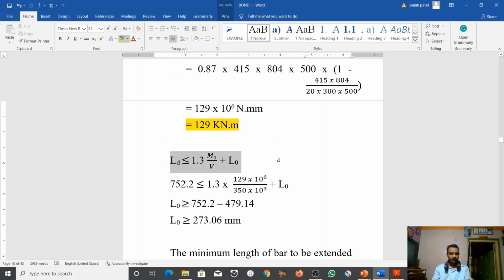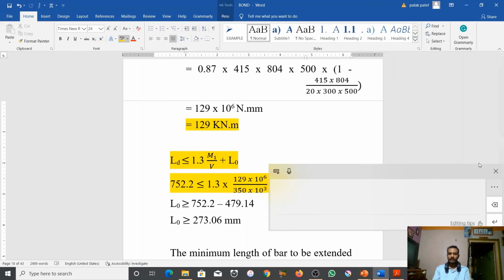So we check LD less than or equal to 1.3 M1 upon V plus L0. LD is 752.2. M1 we found is 129 into 10 raised to 6 Newton mm.